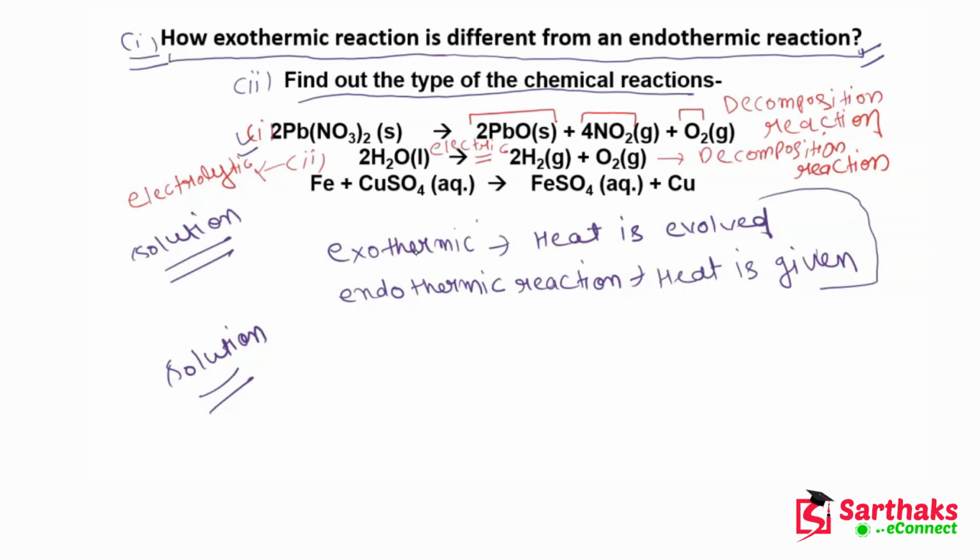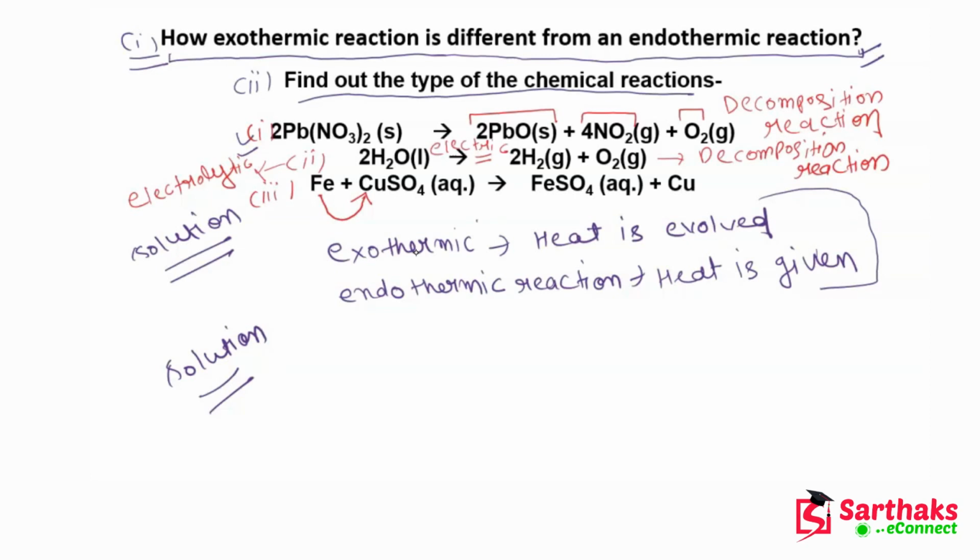Now let's talk about this third reaction. Fe is reacting with copper sulfate and FeSO4 is formed. Here iron is displacing copper and taking its place.